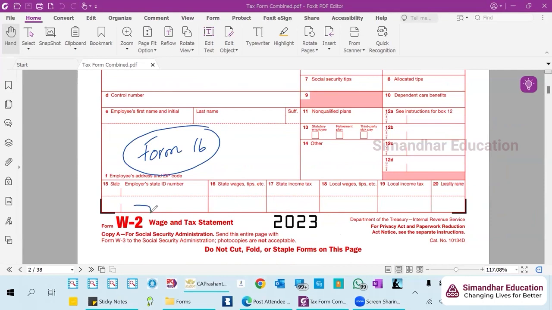This W2 is the same as Form 16. What does Form 16 have? Form 16 has details of my salary earnings.